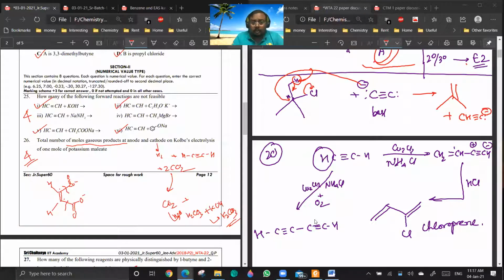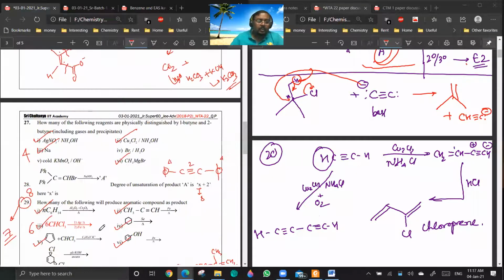That's my point. So technically speaking, CO2 should not be in the list of the gaseous products because you won't be getting it. But right now we should keep it at 4. I'm just telling you what are the extra things which might be happening. Okay, 26 is done.